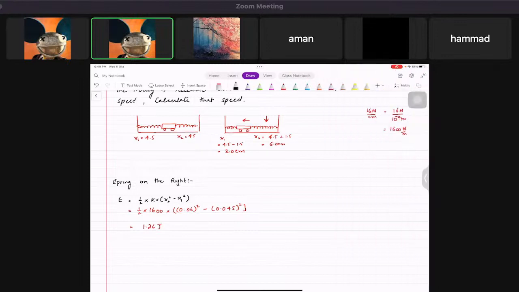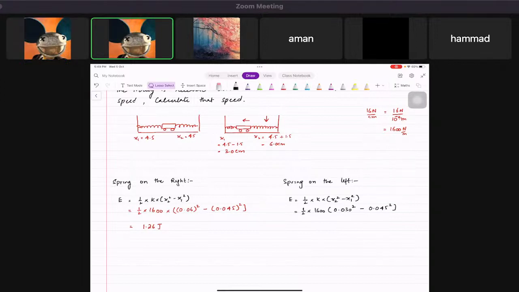Then we're going to look at the spring on the left, and that energy equals half times k times x2 square minus x1 square. So what you're going to do is, this will be 1600, final was 0.03 because it was 3 centimeter after it was extended, whole square, minus 0.045 whole square, like that, right?